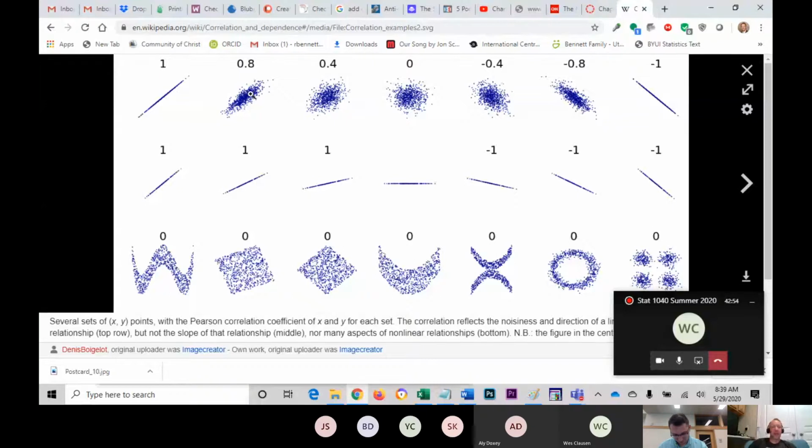We would call this a strong correlation in the positive direction. This would be a -0.8, strong correlation in the negative direction. 0.4, we'd call this one more moderate. This is -0.4 in the negative direction. And then this here is a null plot. There's no correlation. There's no pattern to these dots here, okay?